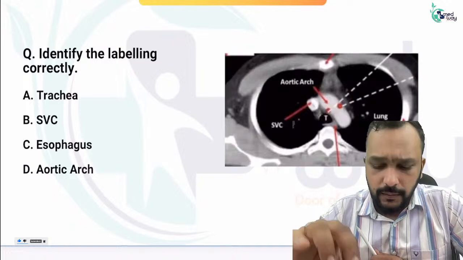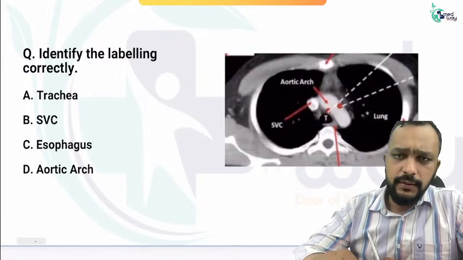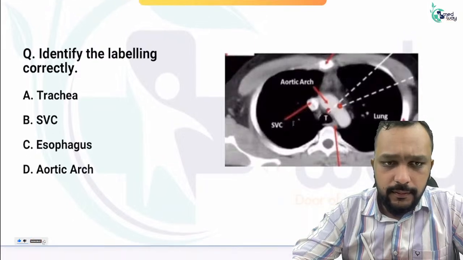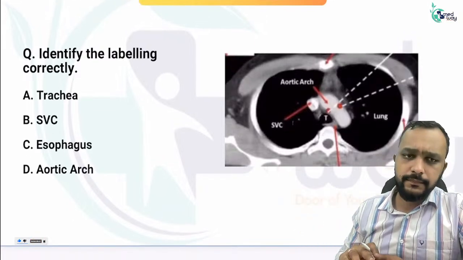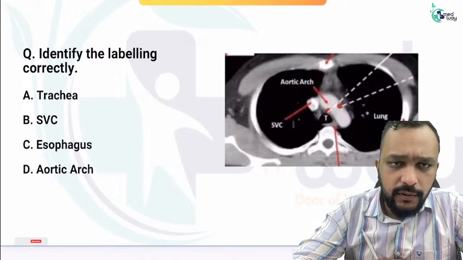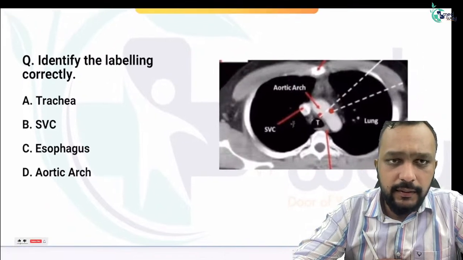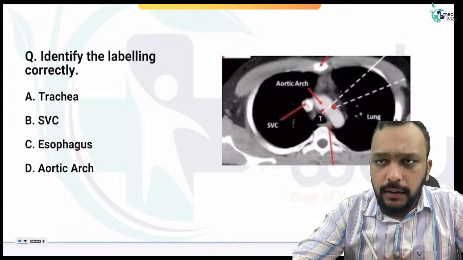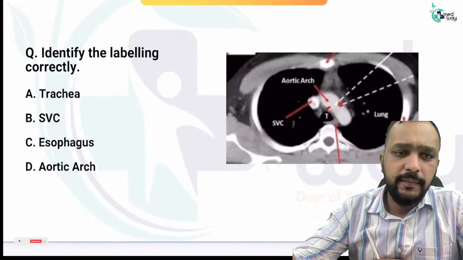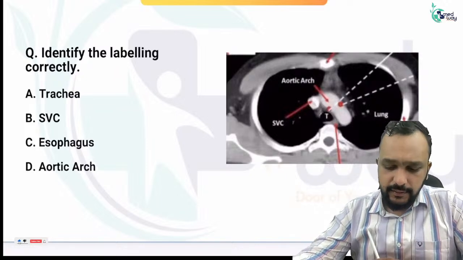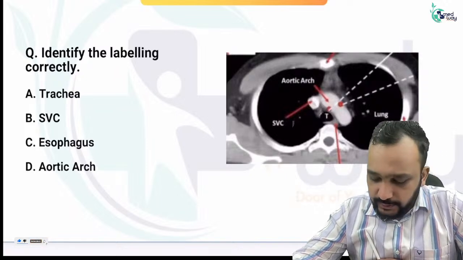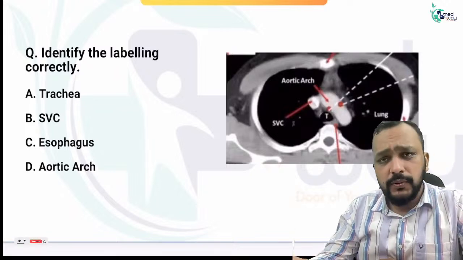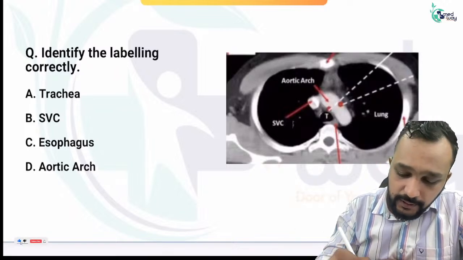So talking about the first question, guys, what we can see in this image is that a CT image of the chest is given to you, and you have to identify the labeling. I don't know which part was given to you, so let me discuss with you the important parts.